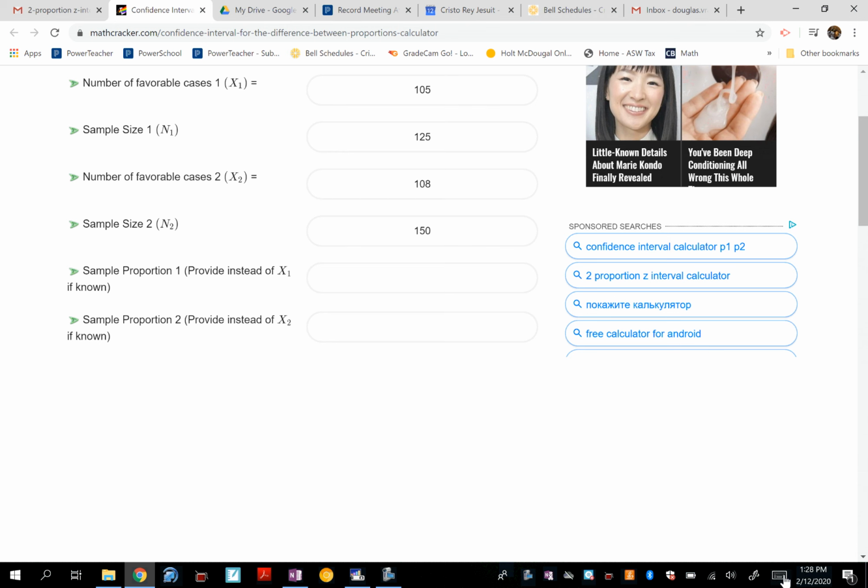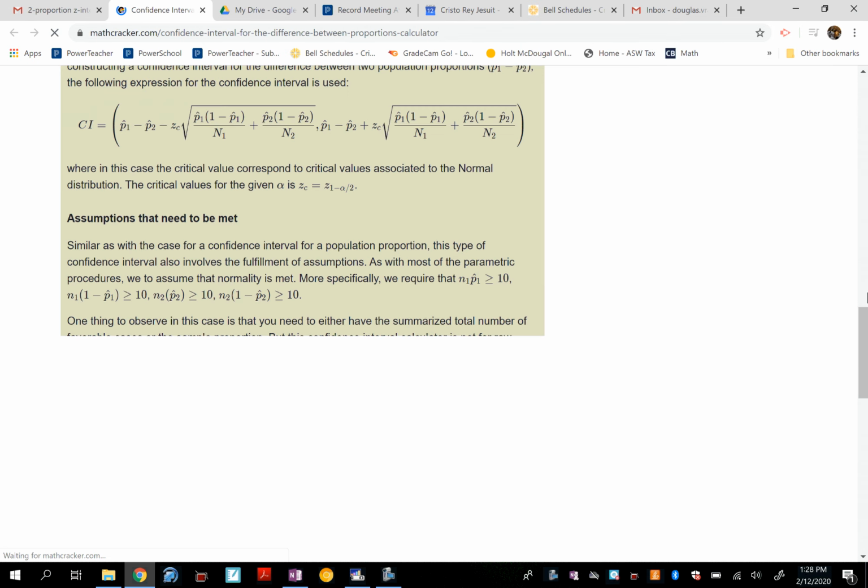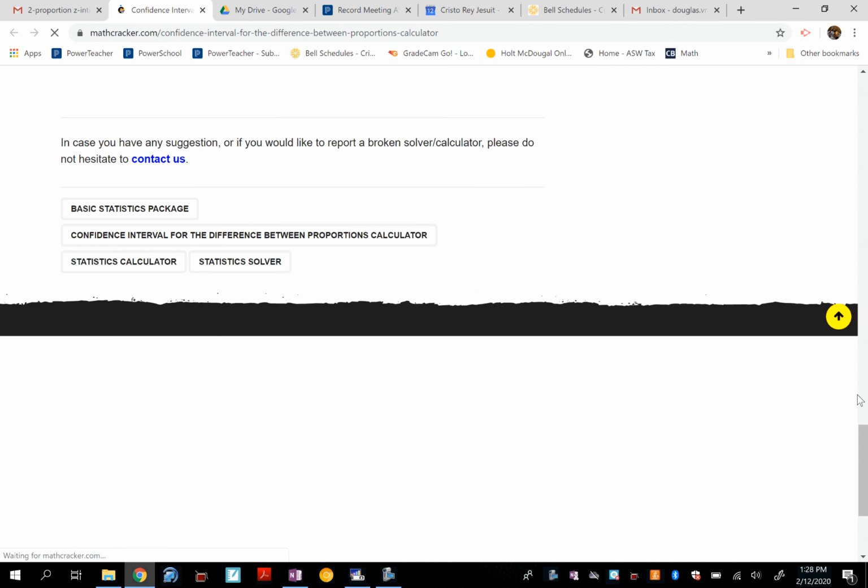And what level of confidence are we using? 90. So you can type in 90 or 0.9. It's up to you. Let's see if this works. Nope. I'm going to reload. Okay. All right. Well, mine's being all funky.